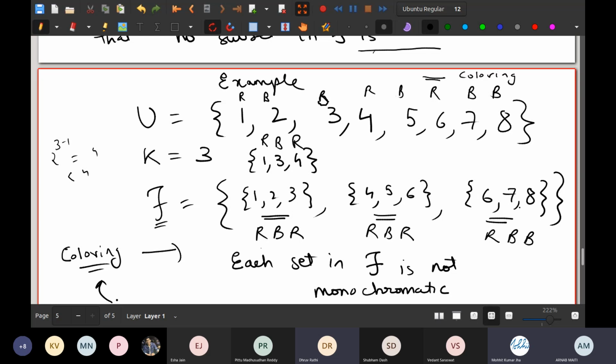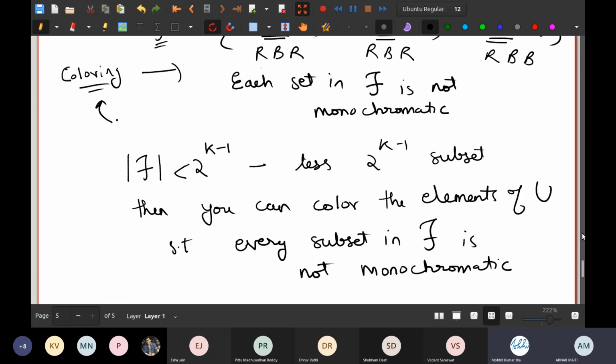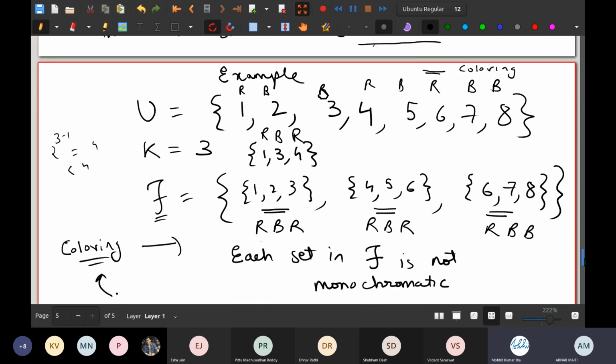Okay. So can we say that if L is greater than or equal to 2 power k minus 1, then however we color the U, we will get at least one subset which is monochromatic? No, it's not guaranteed like that, but you can construct some examples where you can't get this coloring. You got my point, right?